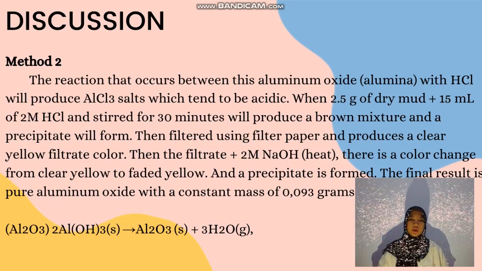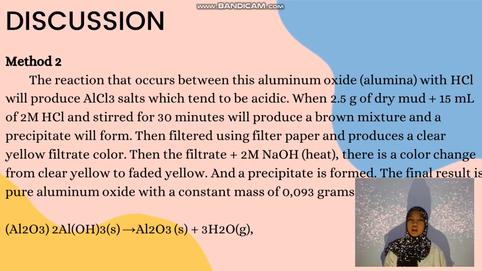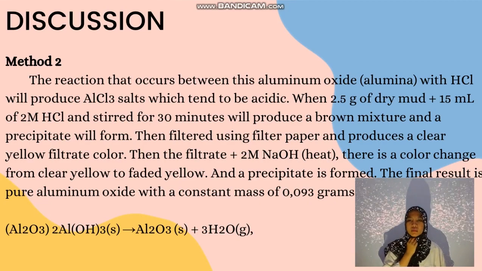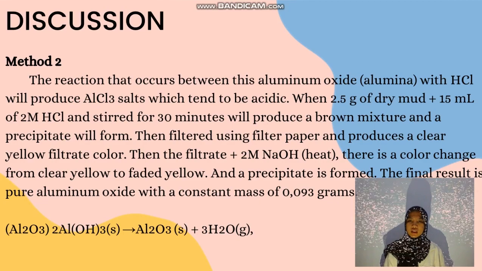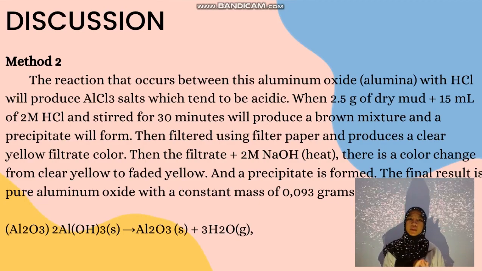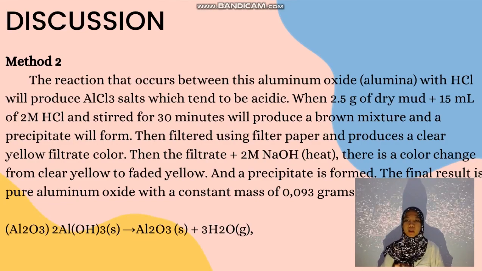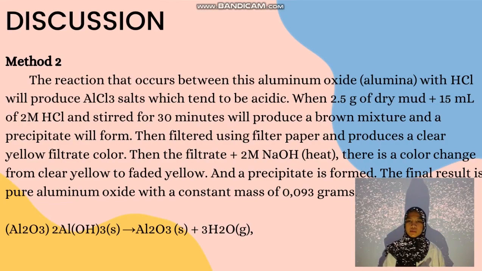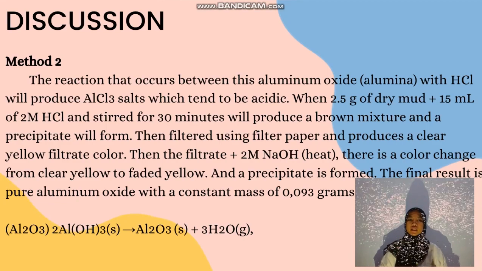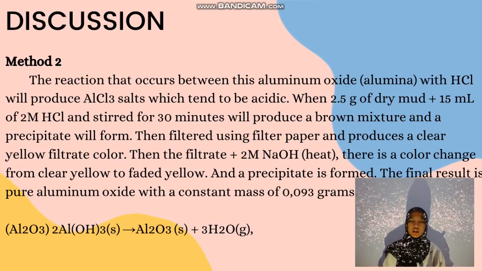When 2.5 grams of dry mud plus 15 ml of 2M HCl is stirred for 30 minutes, it will produce a brown mixture and a precipitate will form. Then filter using filter paper and it produces a clear yellow filtrate color.